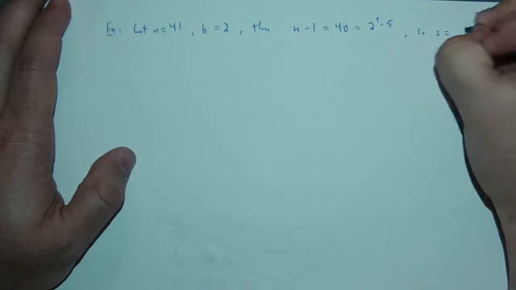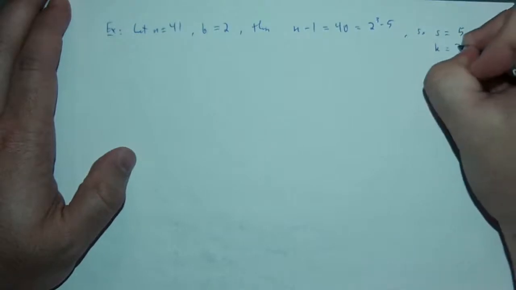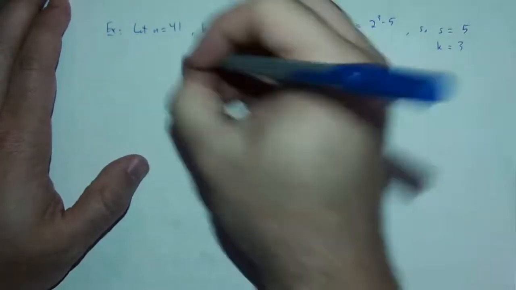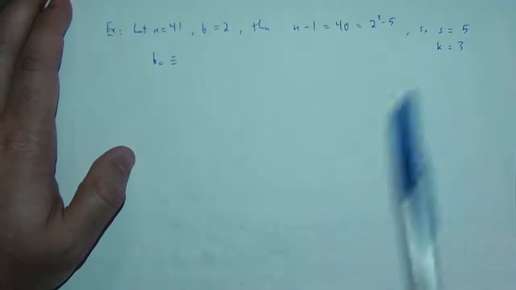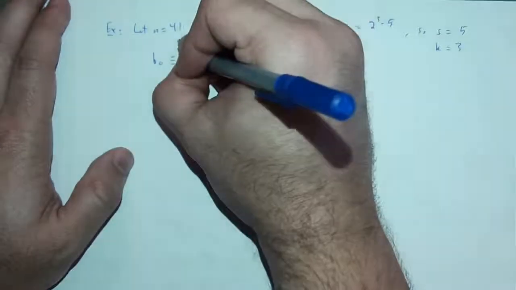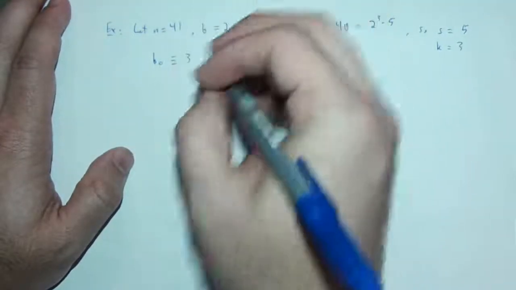So s is equal to 5 and k is equal to 3. So then I compute b naught is congruent to b to the s, that's 2 to the 5. So that's 32.